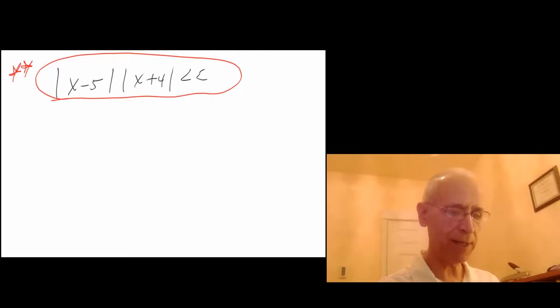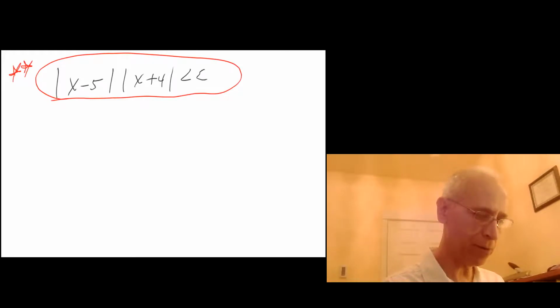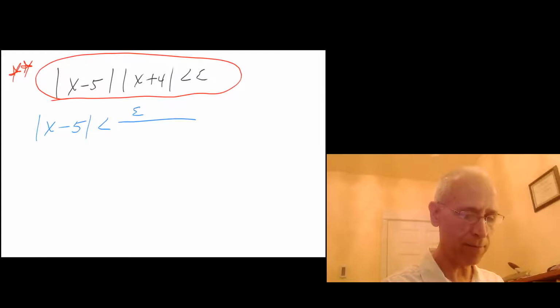Okay, I want to isolate the absolute value of x minus 5, so I'm going to divide both sides by the absolute value of x plus 4, and that tells me that the absolute value of x minus 5 is smaller than epsilon over the absolute value of x plus 4.